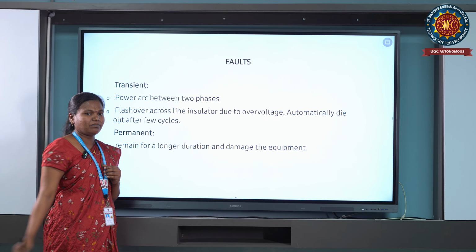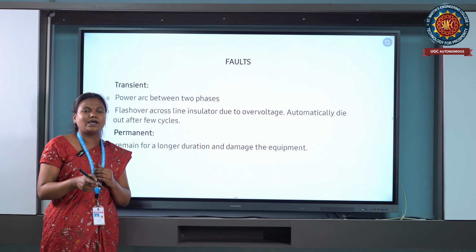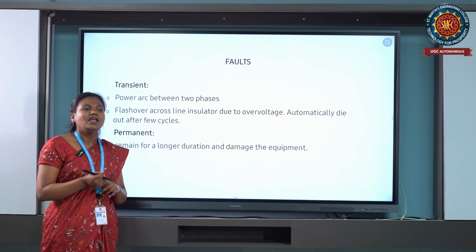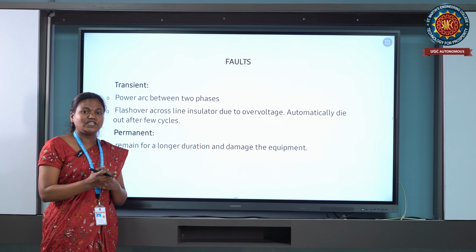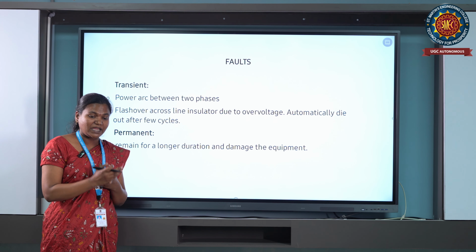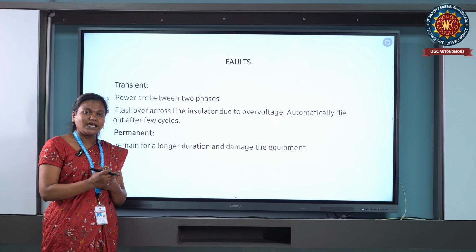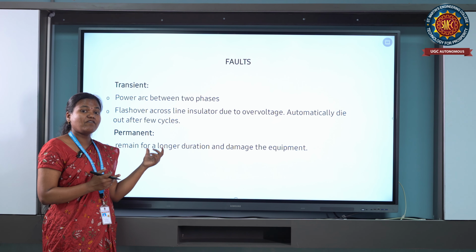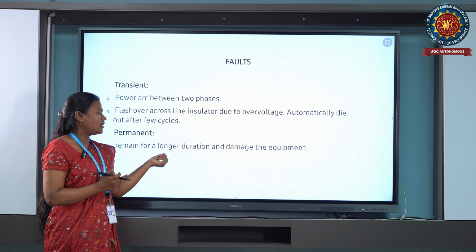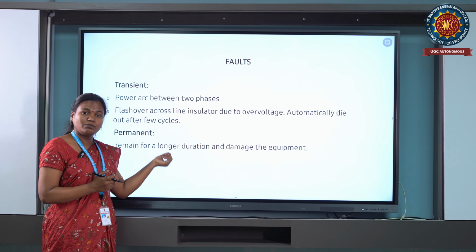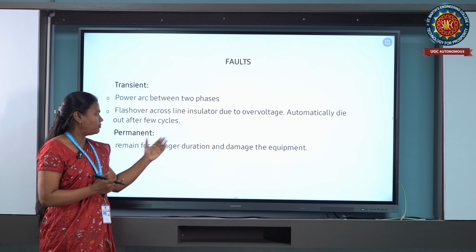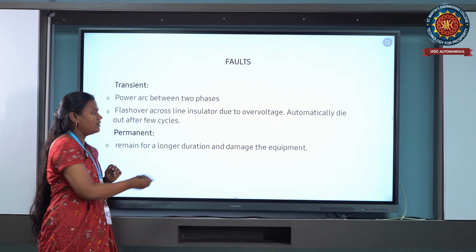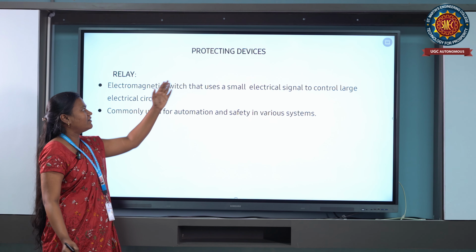But coming to permanent faults, what are they? Permanent faults are breakage or damage of the insulation, or breakage of the conductor. That comes under permanent faults. We have to take severe care of permanent faults and provide protecting schemes for them. So what are the protective devices?